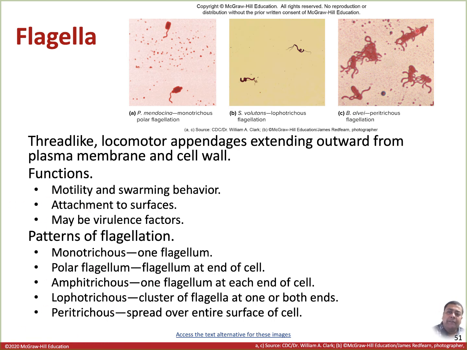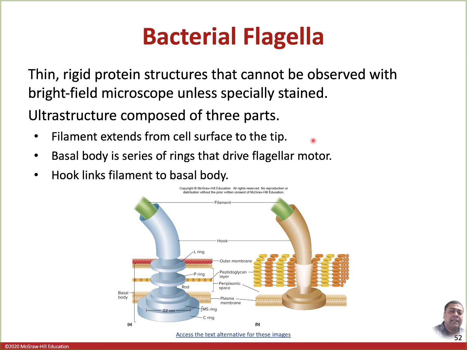On the other hand, if the bacterium contains flagella surrounding the whole structure, we call this peri. Peri means around. Peritrichous flagella are spread over the entire surface of the cell. So now let's take a look at the bacterial flagellum's ultrastructure, which is extremely complex, and still this is presented in a very simplified format.